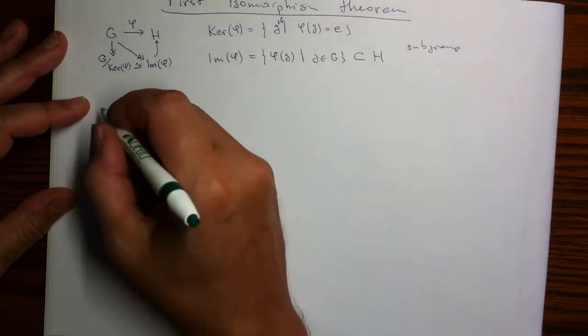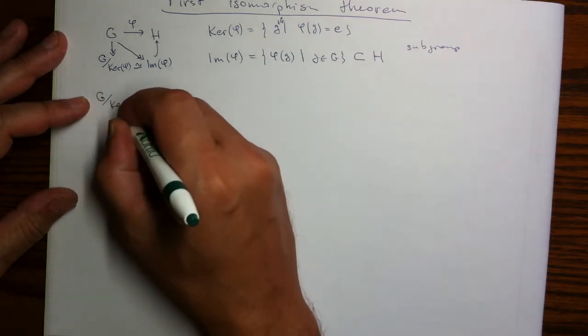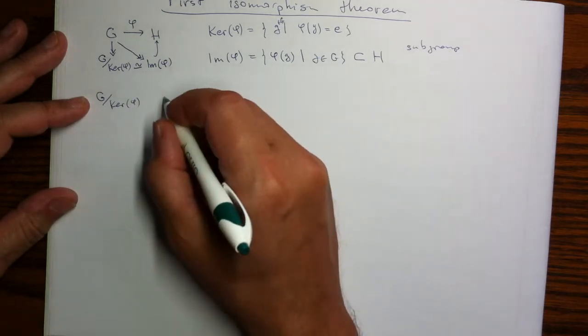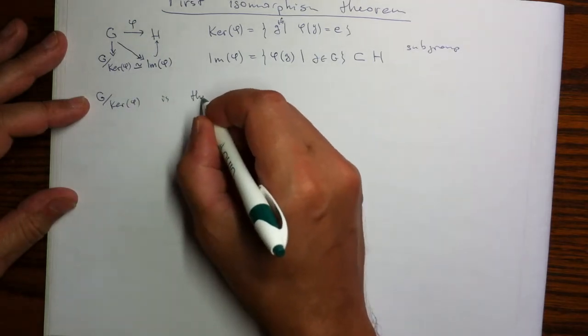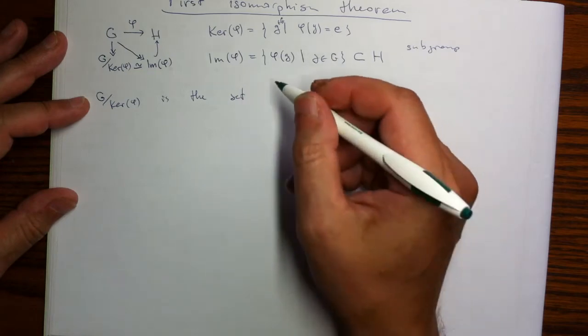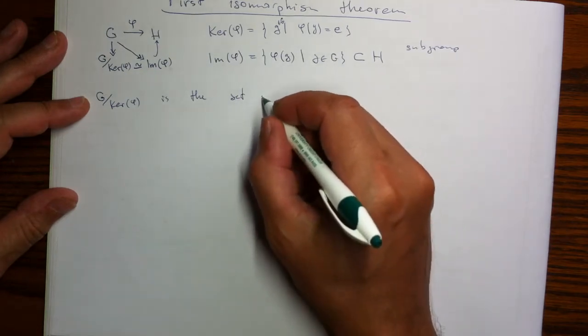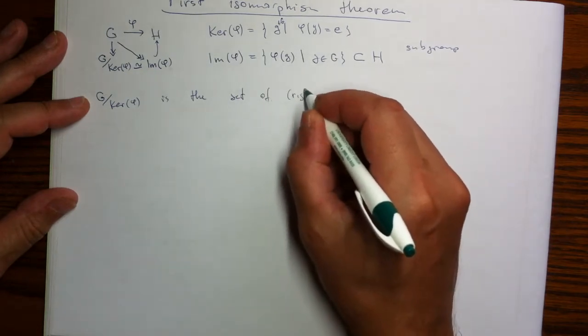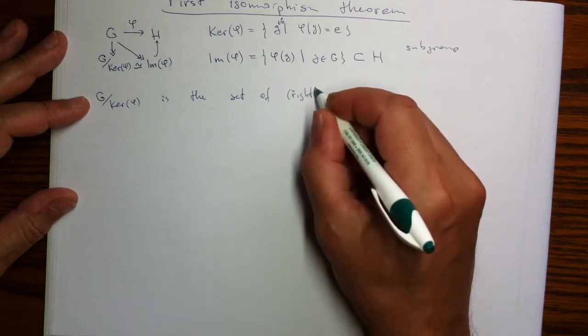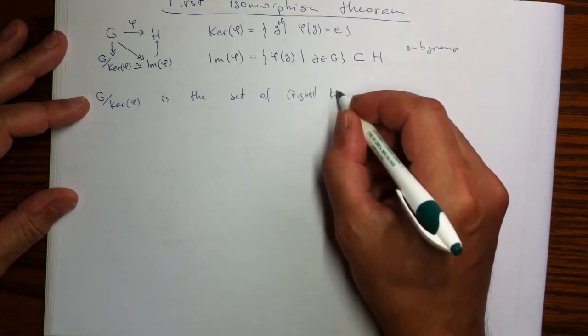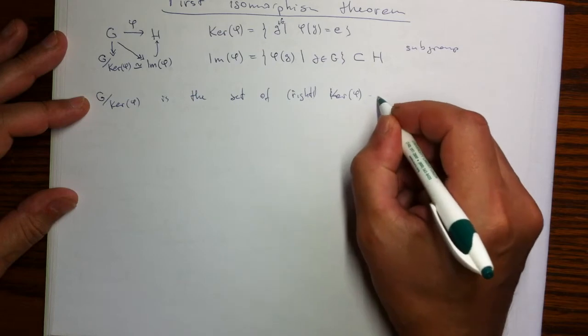Well, just to remind you, okay, what are cosets? So this is the set. Well, we have to choose a side, the right cosets with respect to this subgroup.